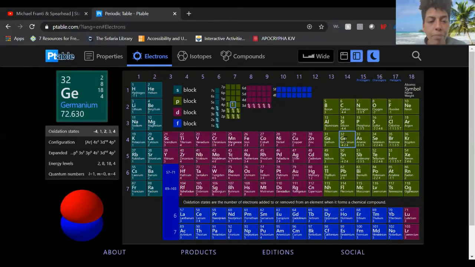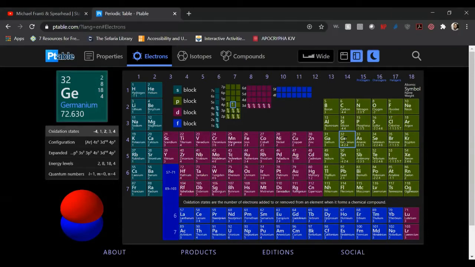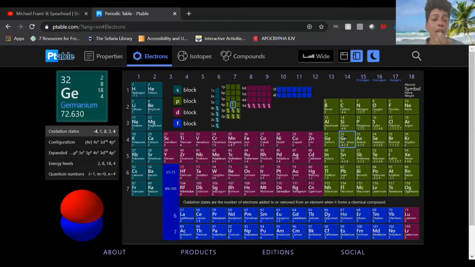Let's look at germanium. Germanium has how many total valence electrons? How many electrons are there in the highest energy level? So first, what is the highest energy level in germanium? Some of you are saying 4s and some of you saying 4p.